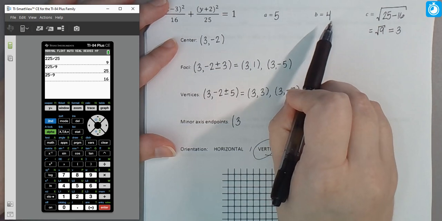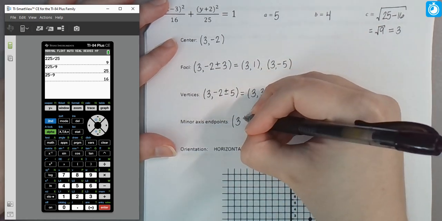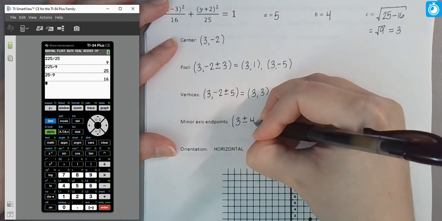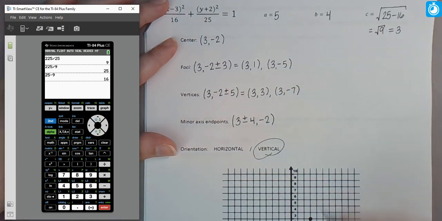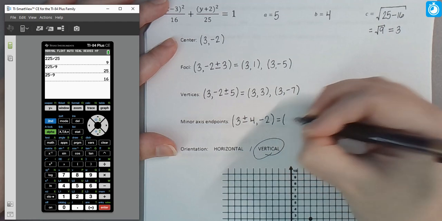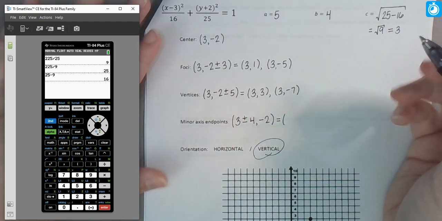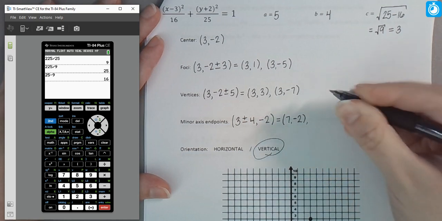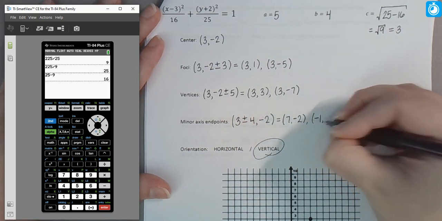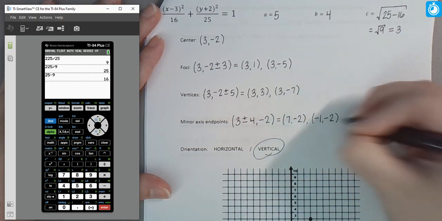So starting at 3, we're going to add on and subtract B, which is 4. And then we're going to hold the y coordinate constant. And so breaking that up, 3 plus 4 is going to give us 7, so 7, -2. And then 3 minus 4 is going to give us -1, so -1, -2.